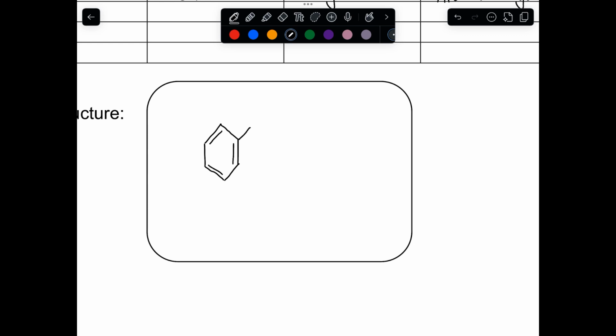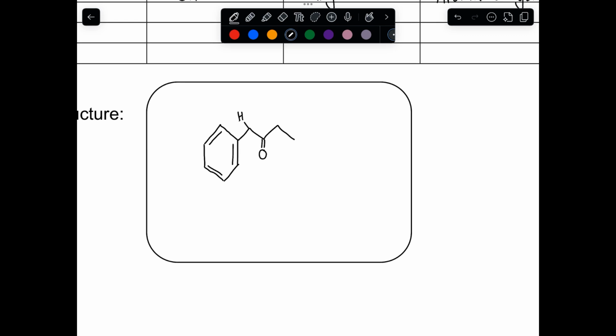And then there's a butane, and then we made it a butanone, a ketone. Adding in the hydrogens here, which I will highlight very shortly. And the ketone carbonyl demonstrates that 5th degree of unsaturation, coming to a total degree of unsaturation of 5, which we calculated in the formula at the beginning.